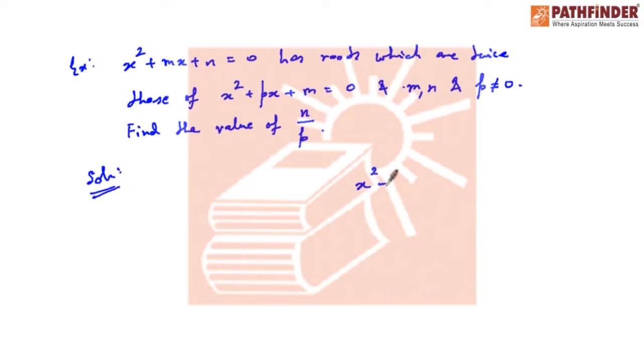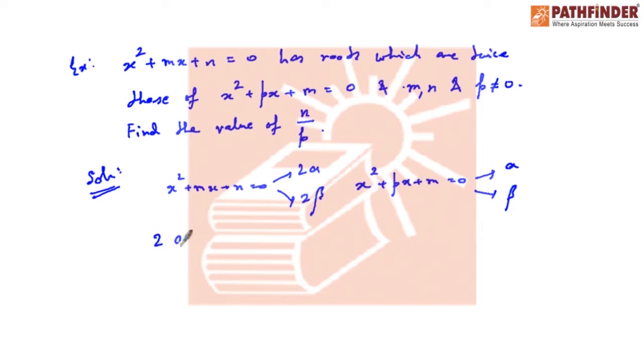It is given that x square plus px plus m's roots have a relationship with x square plus mx plus n's roots. If you consider these two roots as alpha and beta, then obviously these two roots become twice alpha and twice beta.